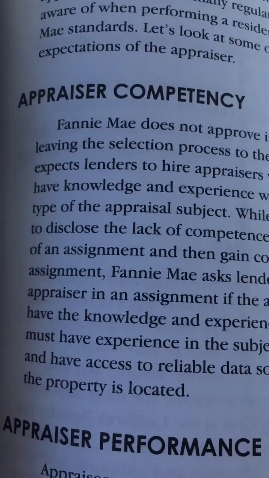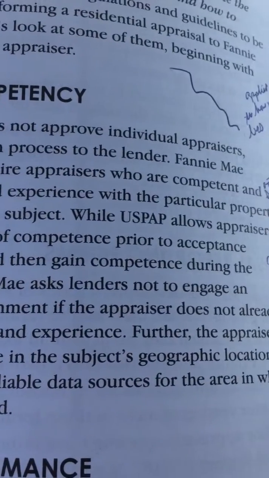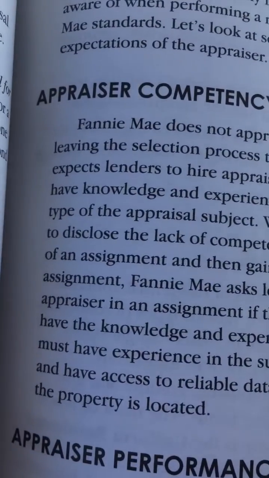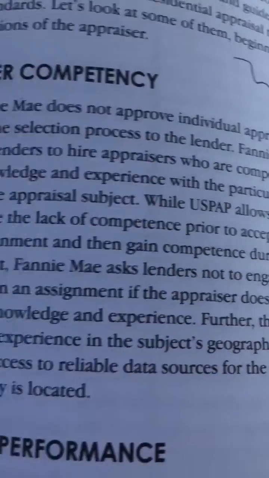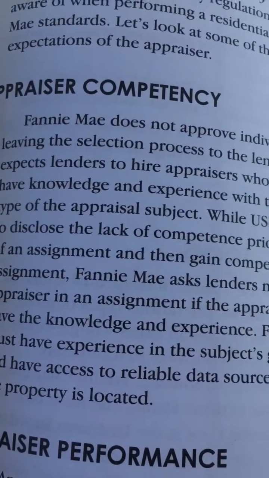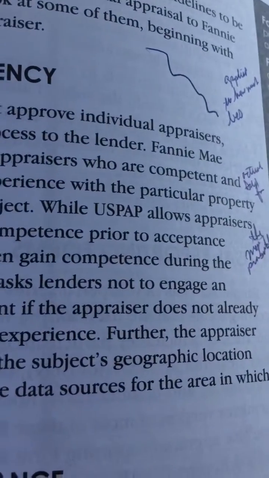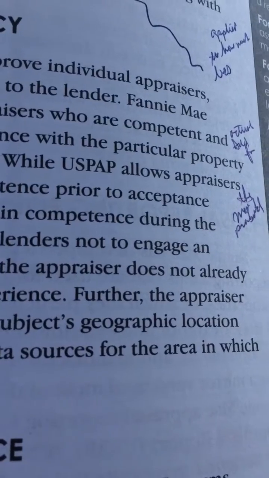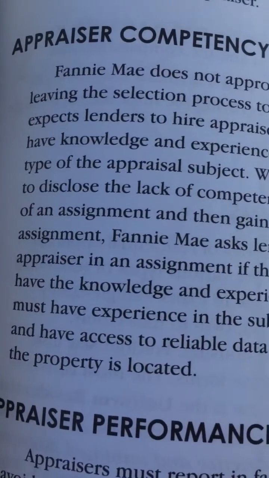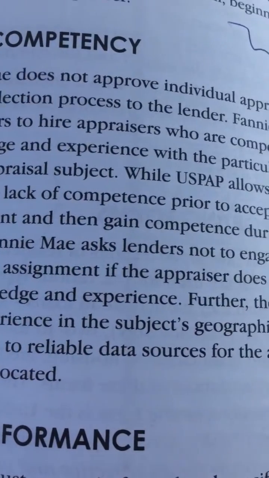Appraiser competency. Fannie Mae does not approve individual appraisers, leaving the selection process to the lender. Fannie Mae expects lenders to hire appraisers who are competent and have knowledge and experience with the particular property type of the appraisal subject.